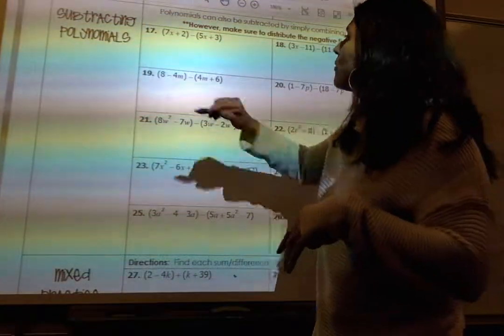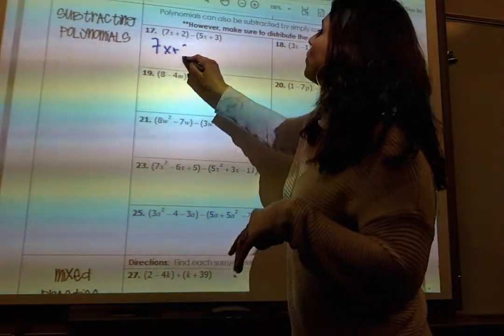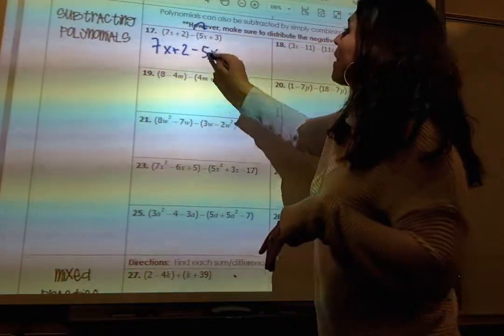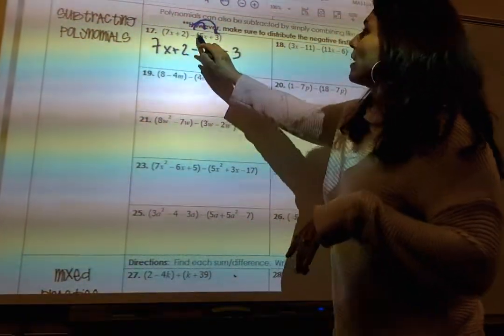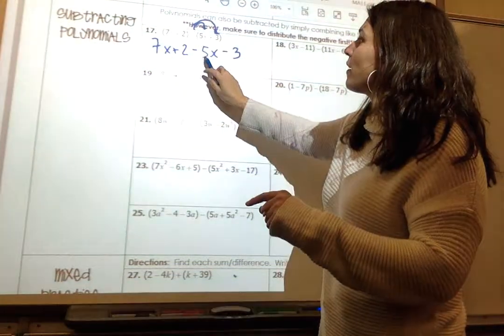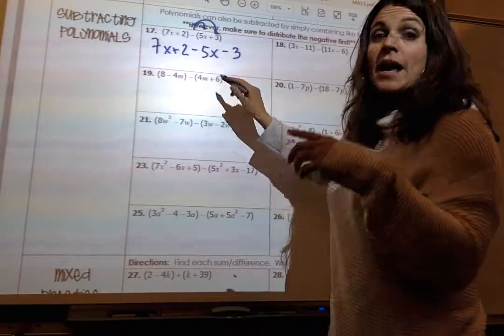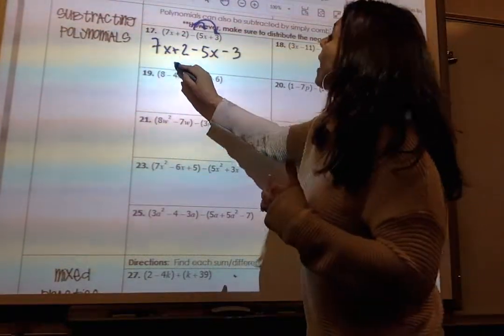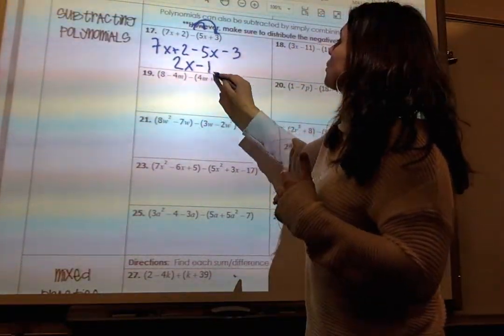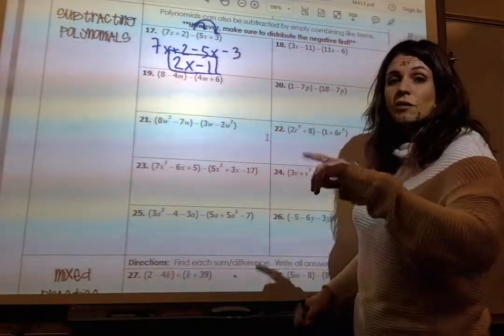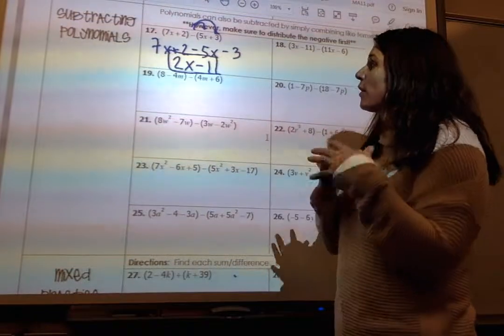So let's take a look at number 17. 7x plus 2 remains the same, but I distribute that negative, so I get negative 5x minus 3. So notice negative times positive 5x is negative 5x. Negative times 3 is negative 3. Now when I combine them, I get 2x minus 1. I box my answer, and notice I have written it in standard form. Constant term last, variables first.